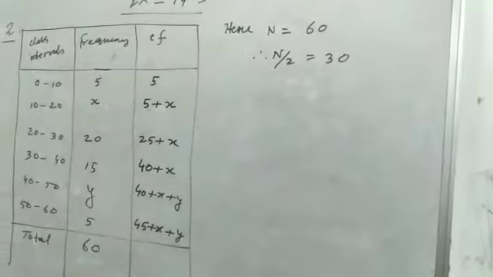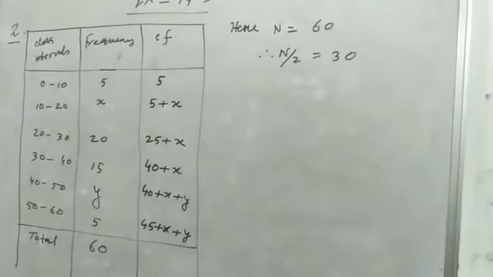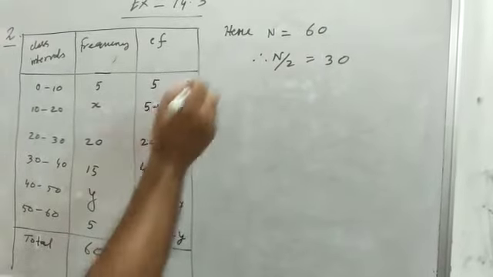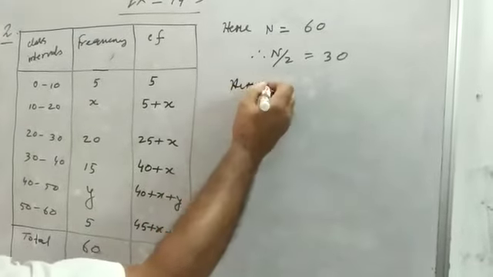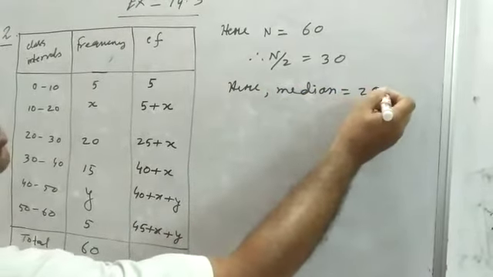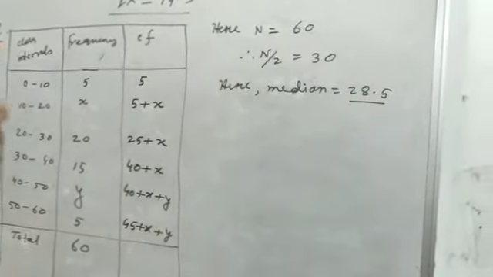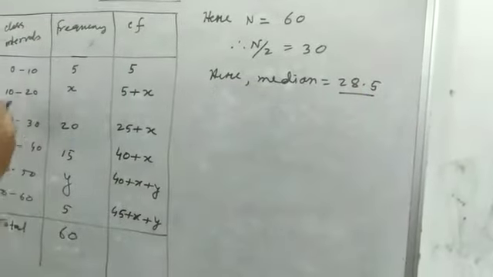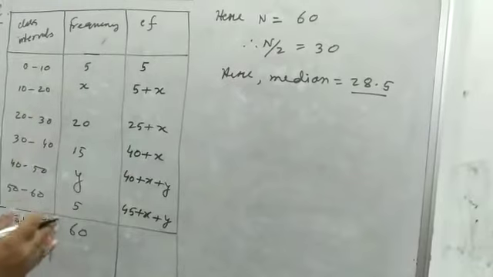Then how will we find the median class? We must have the median class. Here the median is given as 28.5, and from this we will find the median class. The median we are actually finding from the class intervals, not from the frequency.